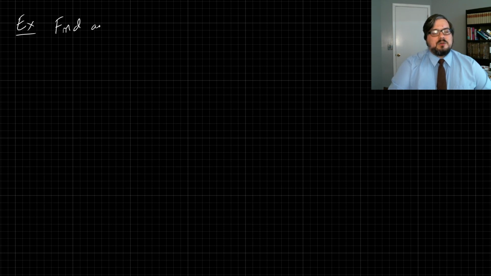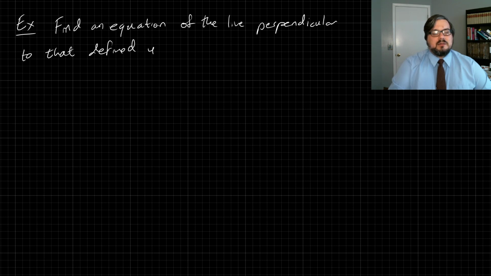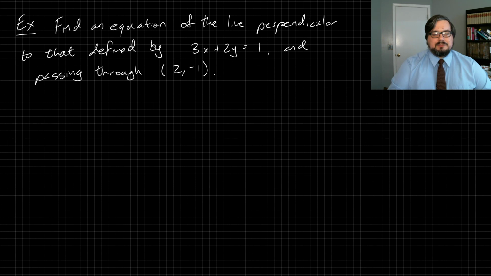Find an equation of the line perpendicular to that defined by 3x plus 2y equals 1 and passing through the point 2, negative 1.